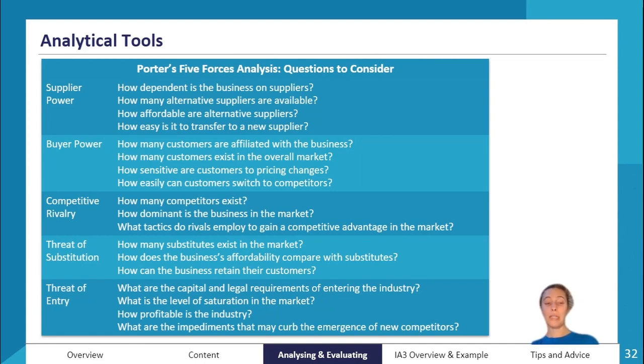How profitable is the industry? And what are the impediments that may curb the emergence of new competitors? So again, that idea of all of the requirements that they may face to come into the industry, the different cost factors, and yes, particularly in Australia, we do have lots of rules around licensing and things like that.